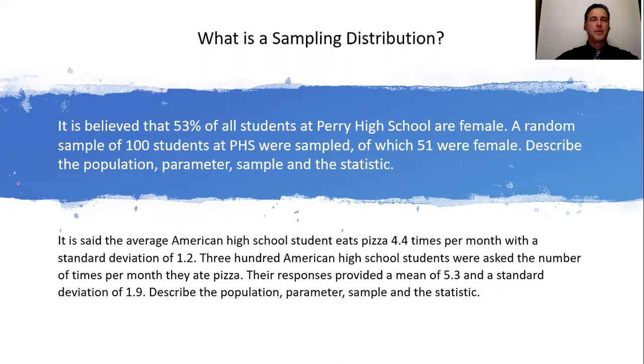Because population and parameter go hand in hand, I'm going to write those first. If I'm describing my population, basically I'm asking, who am I studying here? I'm looking at Perry High School students. So that's all I'm going to write.